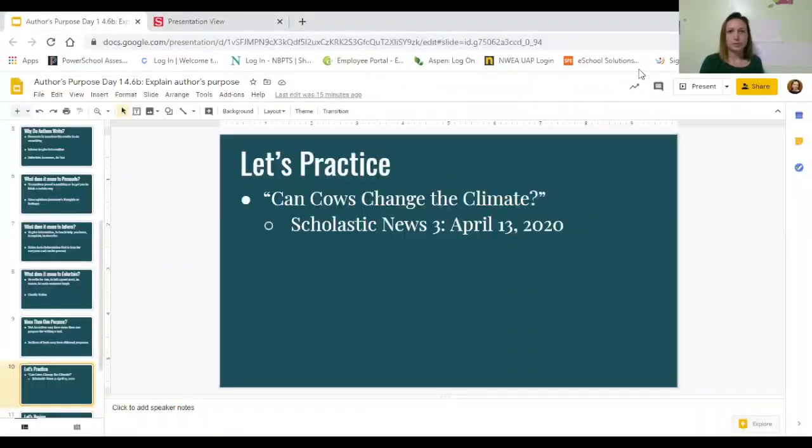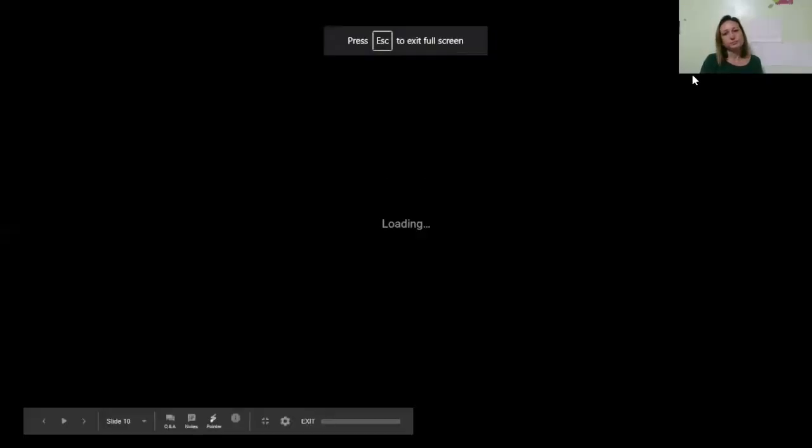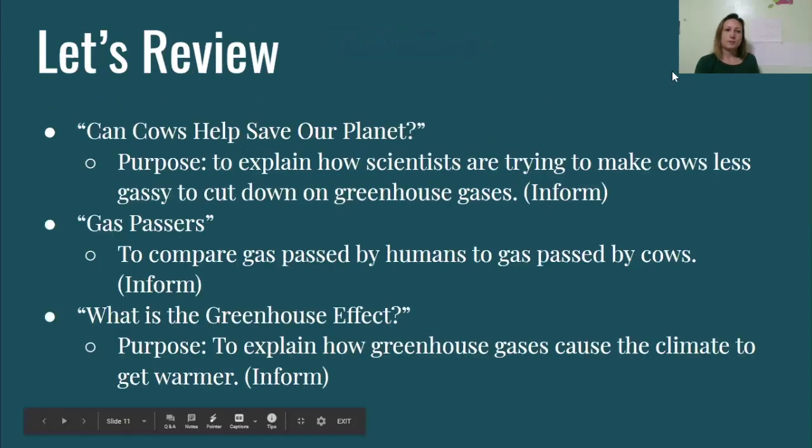So we are going to go back over here. So let's review real quick. Can cows help save our planet? This was our whole article, and the purpose was to explain how scientists are trying to make cows less gassy to cut down on greenhouse gases. That was written to inform.